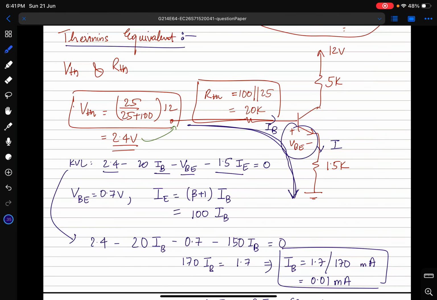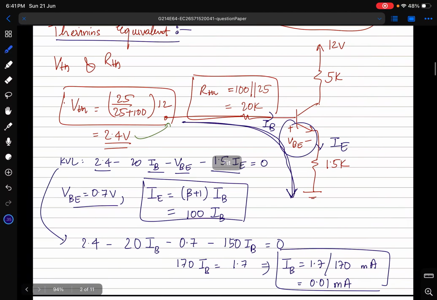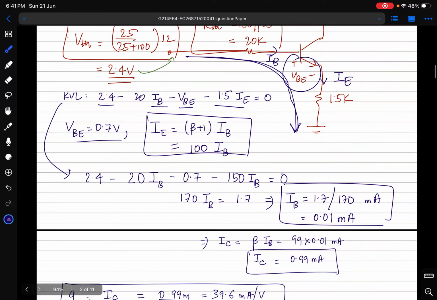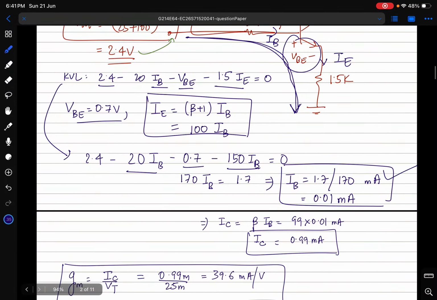Because IE is the emitter current flowing through this branch. We know that IE is given by beta plus 1 times IB. Beta is 99, so IE comes out to be 100 IB. VBE is given as 0.7 volts. Let's substitute these values. We get 2.4 minus 20 IB minus 0.7 minus 150 IB. On solving this equation, we get IB as 0.01 milliamperes.